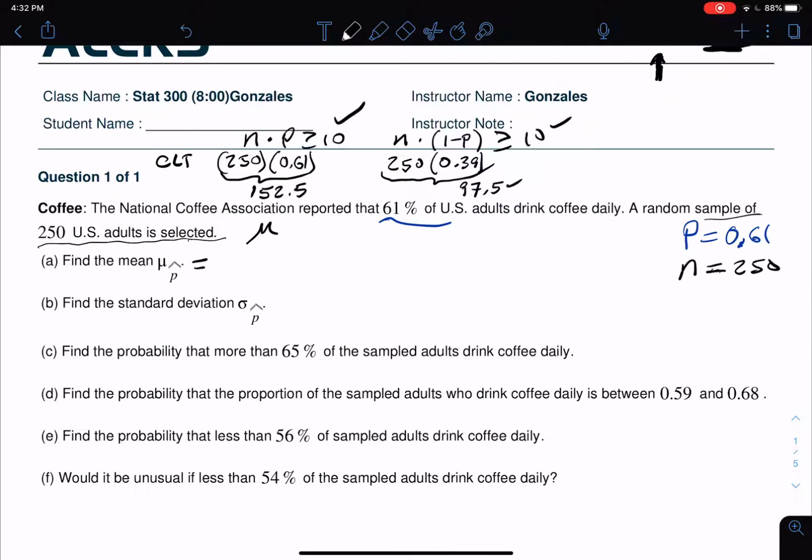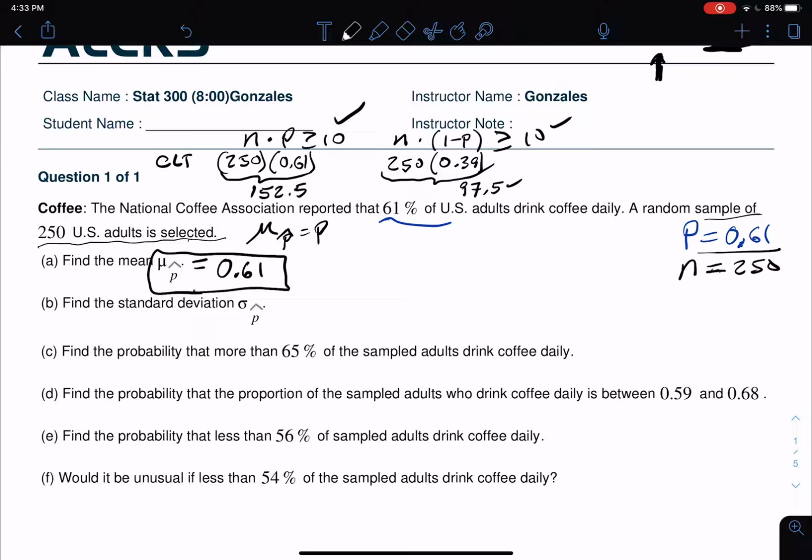The mean of the sample proportions is equal to the population proportion. Well, that is right here in blue. So our answer is already just in front of us. Just have to know where to look. So there's our first answer. The mean of the sample proportions is just 0.61.